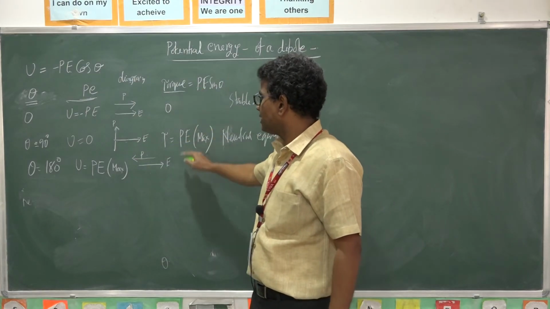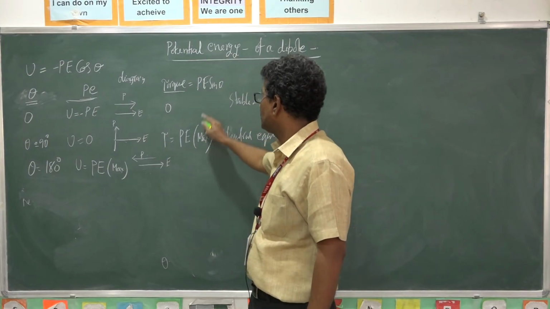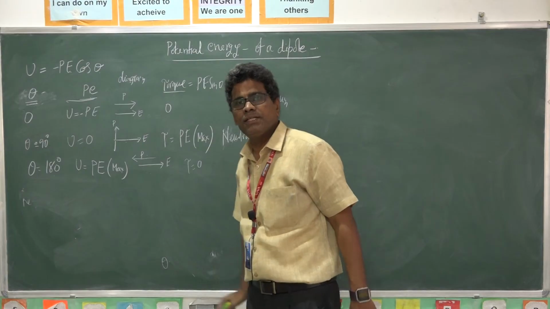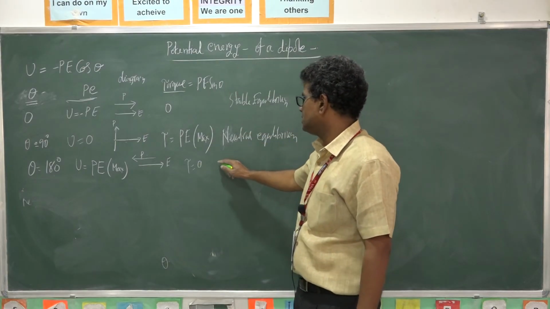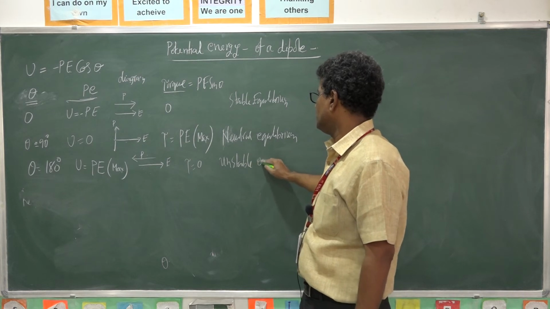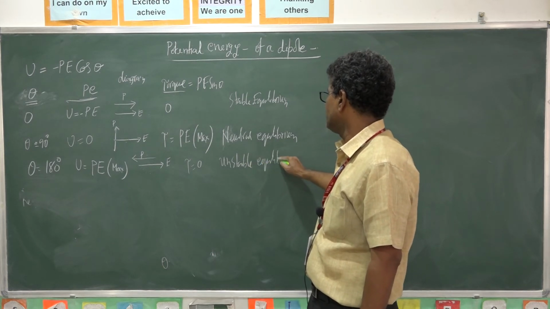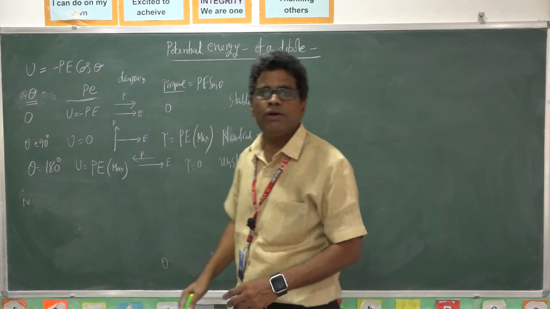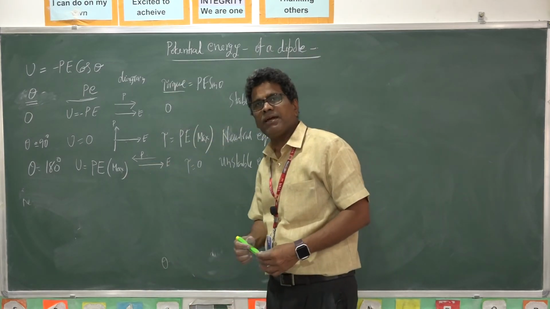What is the torque acting in this position? Torque is also 0, because sin 180 is 0. So this is unstable equilibrium. Unstable equilibrium is nothing but the system having maximum potential energy. That is the mechanics concept.